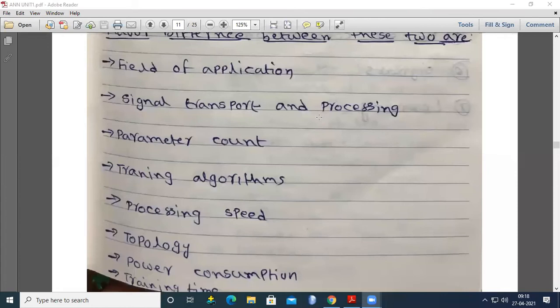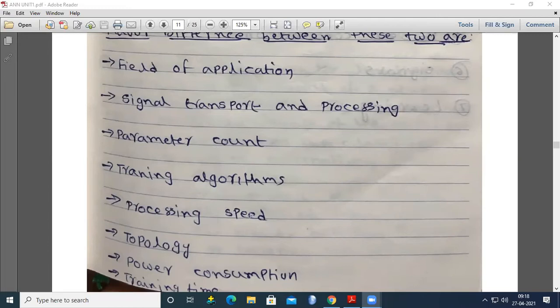So signal transport and processing. How you can transmit the input and store it in the neuron. That's also different in these two things. And parameter counts. How many parameters you are going to use to solve a problem. And training algorithms. What are the different algorithms you are going to use? Processing speed.